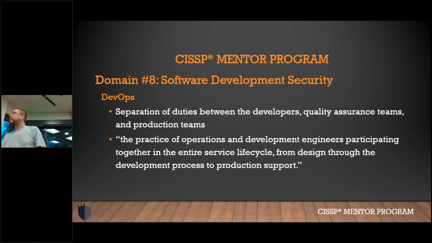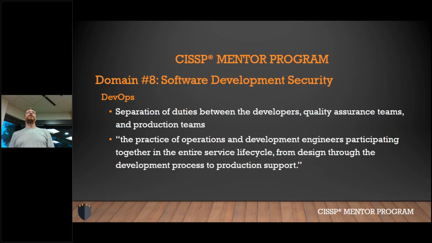DevOps, so separation of duties between developers, quality assurance, and production, right? So we want to make sure that we have separation, so one person can't make a change, approve a change into the software, and implement a change and hide a backdoor in, right? So we have somebody doing the actual development, somebody else doing quality control, somebody else actually implementing the change into production.